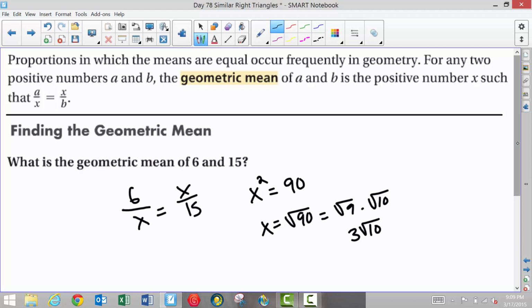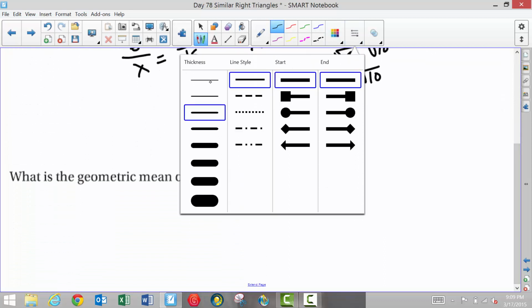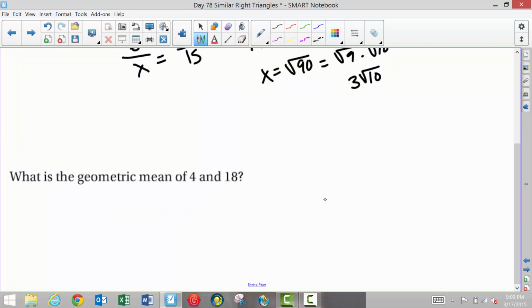Let's do another example. The geometric mean of 4 and 18. Geometric mean is basically the product of two numbers and then taking the square root. So I have 4 over x equals x over 18. Do the cross product. I have x squared equals 4 times 18, 72.